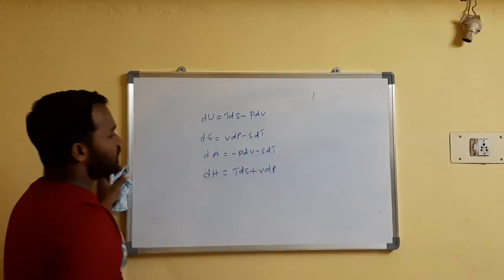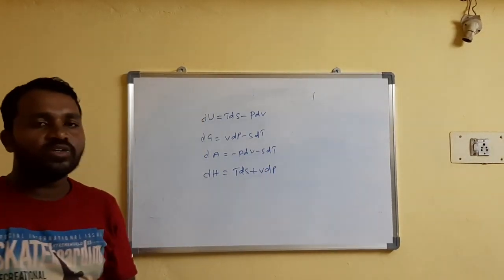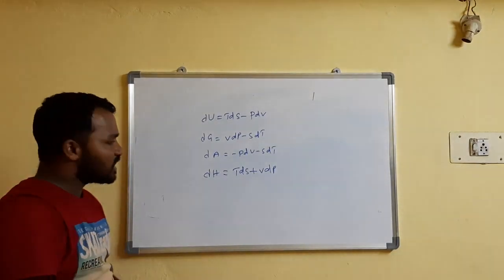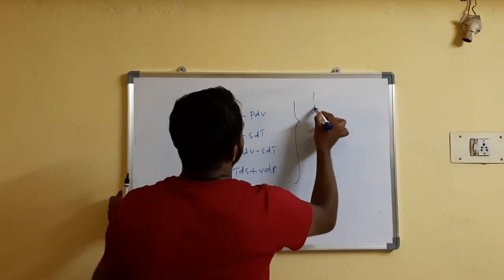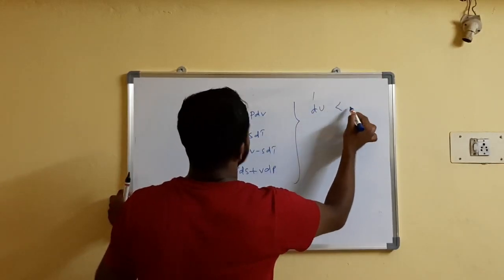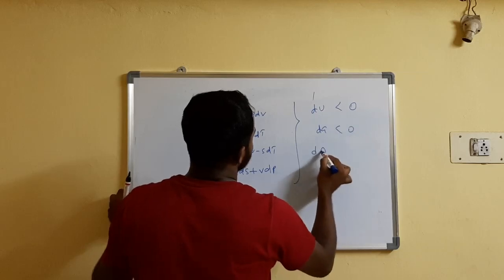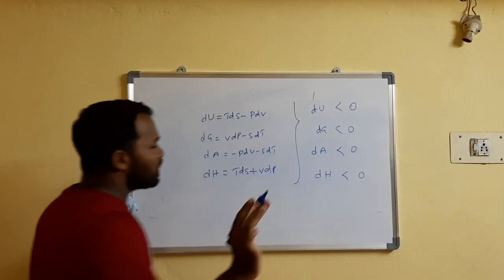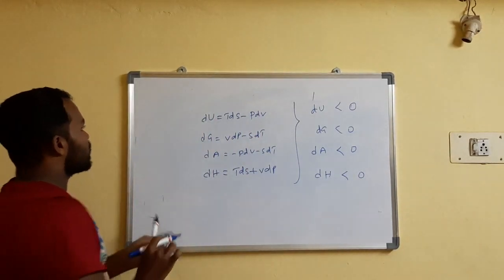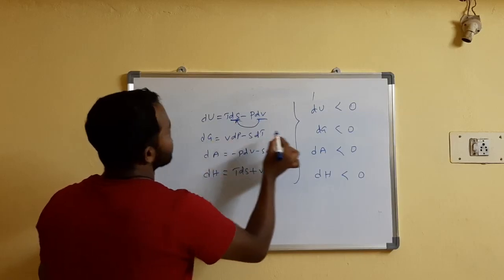So is this fine? For a spontaneous process, only entropy is greater than 0, and the remaining are all less than 0, right? So the condition for spontaneous processes is dU less than 0, dG less than 0, dA less than 0, dH less than 0. Just remember, friends, no need to go through all those things, wherever the differential symbols are, those are the constants.